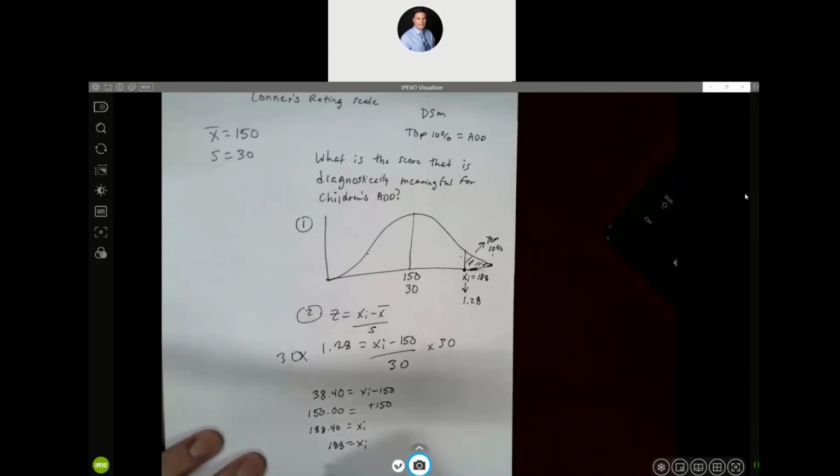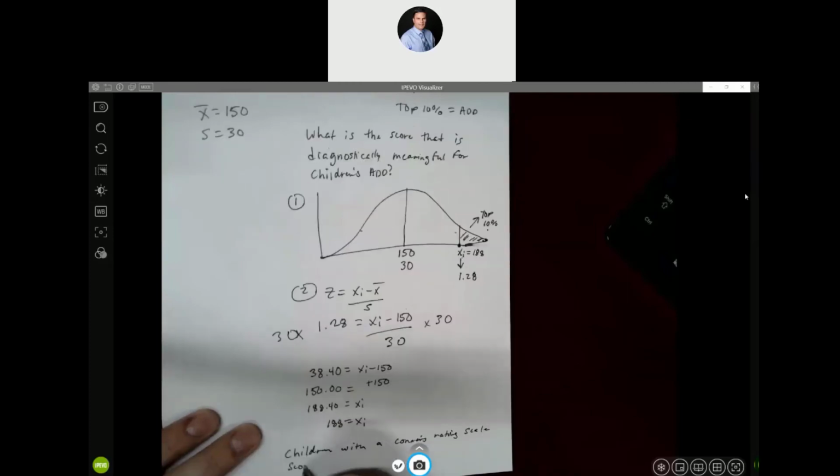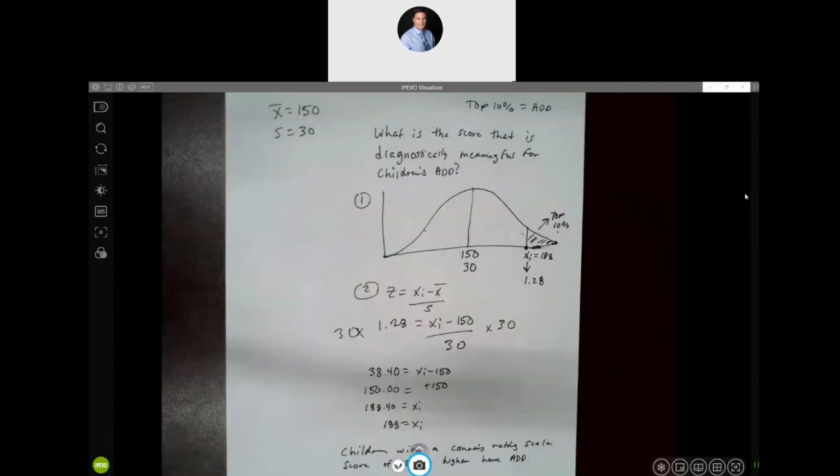So what I would say is this: children with a Conners rating scale score of 188 or higher have ADD. What I wanted to know is, what is the score that corresponds with the top 10% of the distribution?